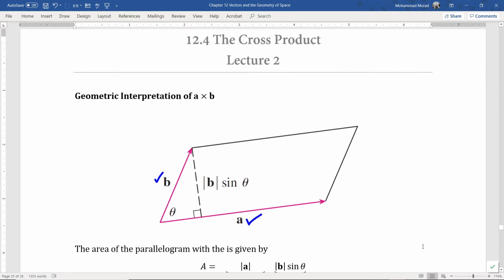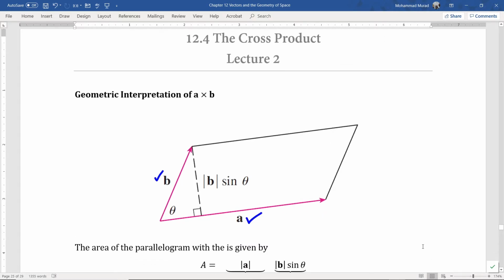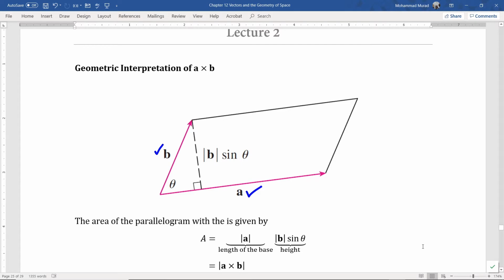So the area of this parallelogram is given by the height of this parallelogram and the base of the parallelogram. So it's simply the product of the base times the height.